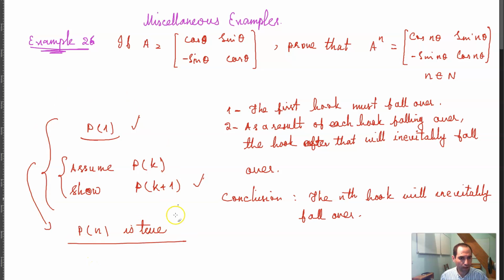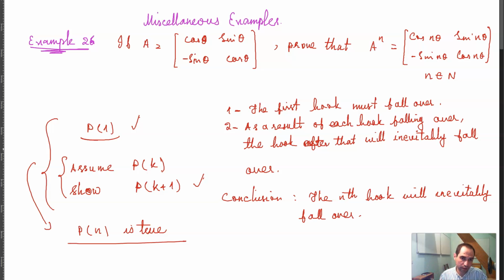Which means that the nth book has fallen over, right? That's basically how the principle of mathematical induction works. It works in situations where you have, for example, an n number of objects. For example, you want to prove something for the whole set of natural numbers.